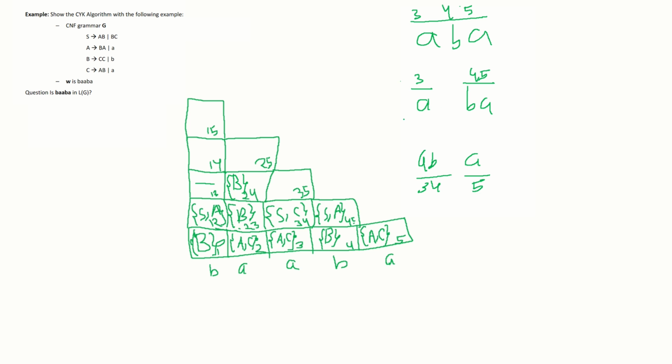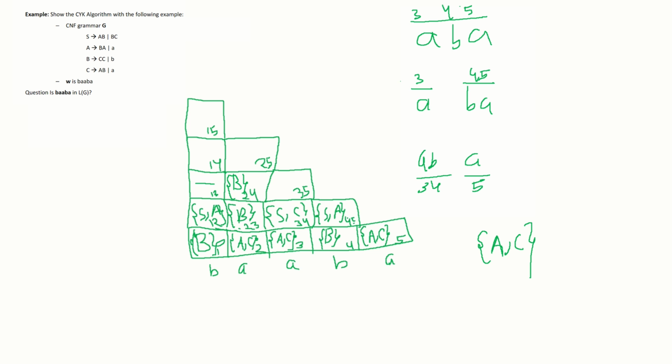Now how can we generate this A or position 3? Well, in our table we can see that position 3 can be generated from A and C. So A, C, and the position 4, 5 or the substring BA we can generate it from S and A. Look at the last column of our second row.